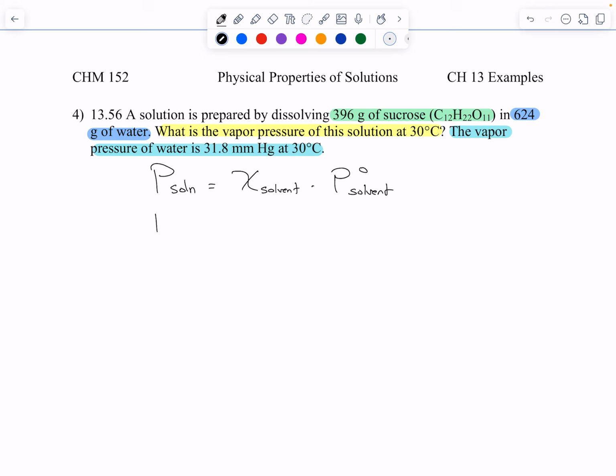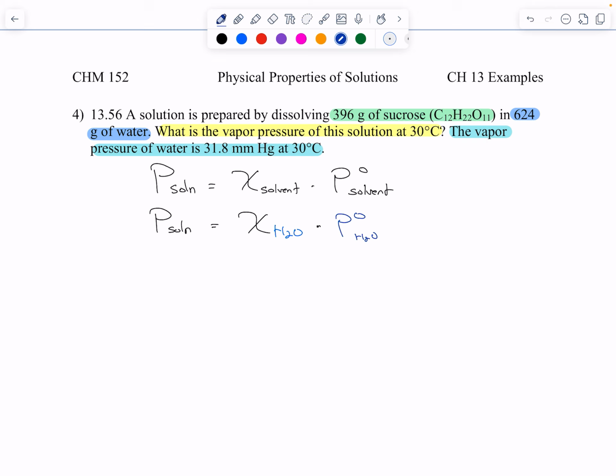So the pressure of the solution equals the mole fraction of water times the vapor pressure of pure water. That's what I'm thinking we need to do when I read this.